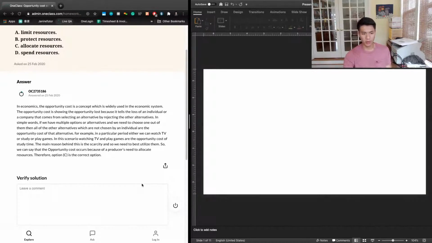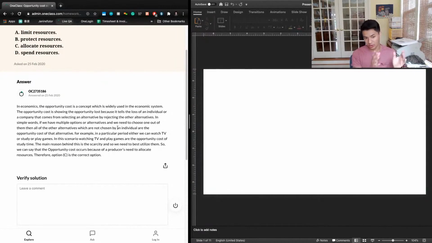I just want to point out that in this particular scenario that they give, where in a particular period of time, we can either watch TV or study or play games, which means you can only do one of the three. The opportunity cost of doing one of them is not both of the other options. It's the next best option. So let's say I get enjoyment of 10 utility out of watching TV, and I get 9 utility out of playing games, and I get 8 utility out of studying and getting good grades.